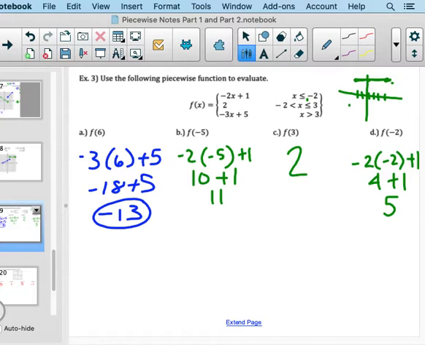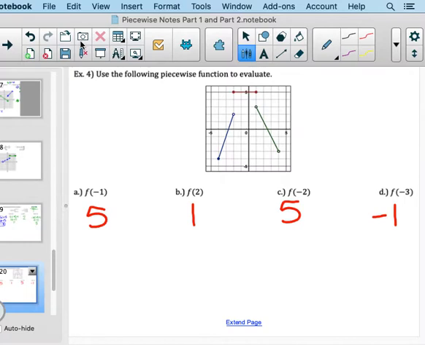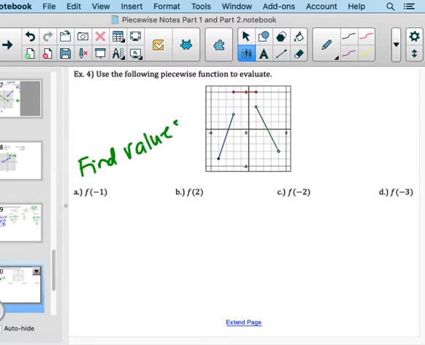And then example 3b, or example 4, I guess is what I called it. Let's look at how to use it from a graph. If I say f of -1, you're going to find the values on the x-axis.